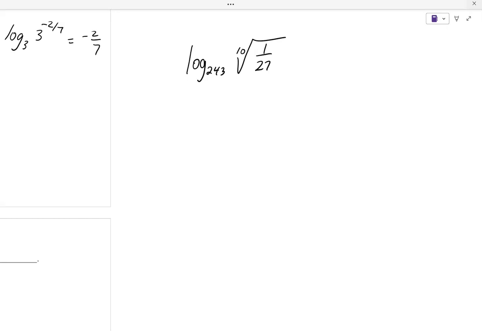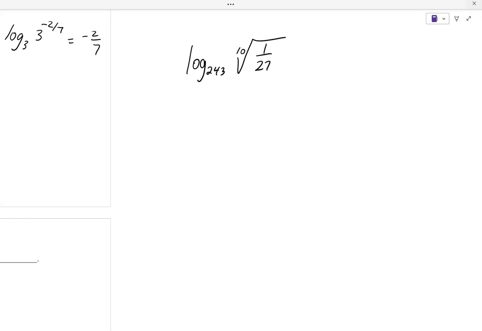Again, unlike the first two we did, I don't think it's very easy to recognize the power that you need on 243 to get the 10th root of 1 over 27. So let's do the same technique that we did last time.